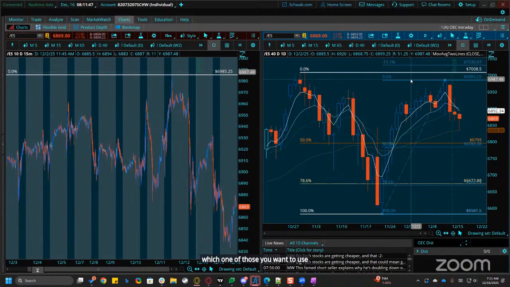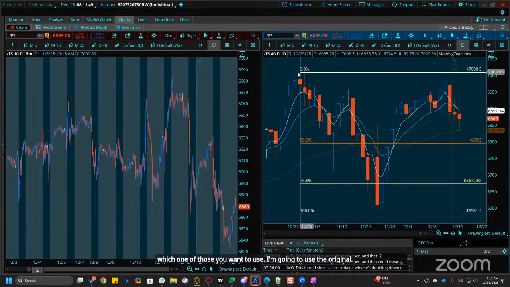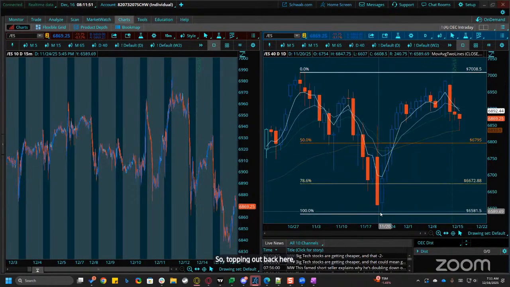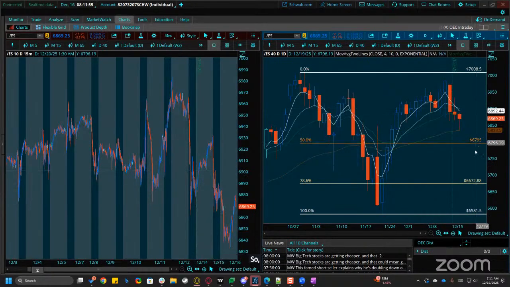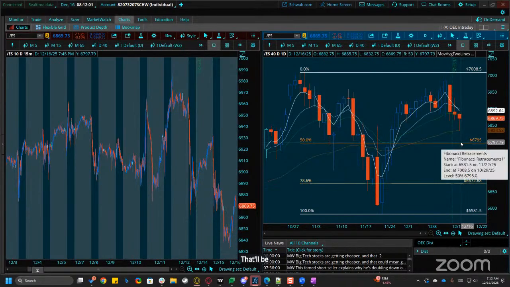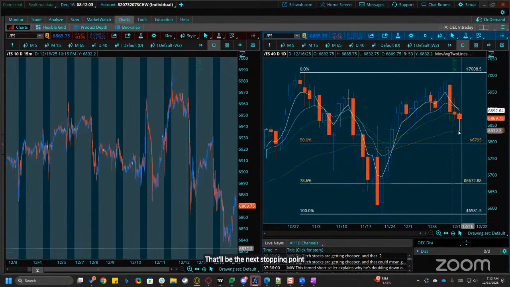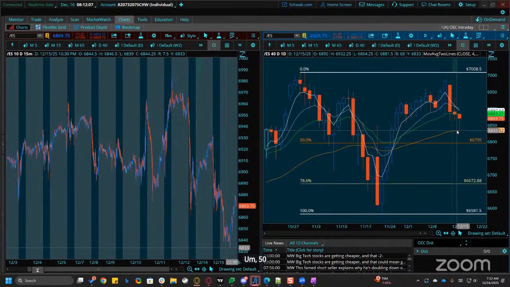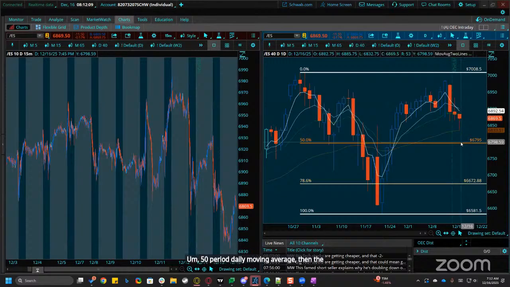I'm going to use the original. So topping out back here down to this low and then the run back up. So 6,800, basically 67.95, doesn't matter. That'll be the next stopping point once we get through that halfback, 68.32, 50 period daily moving average, then the half.